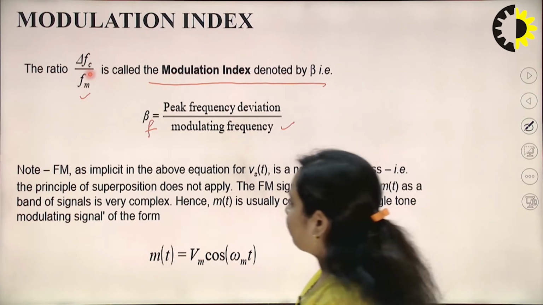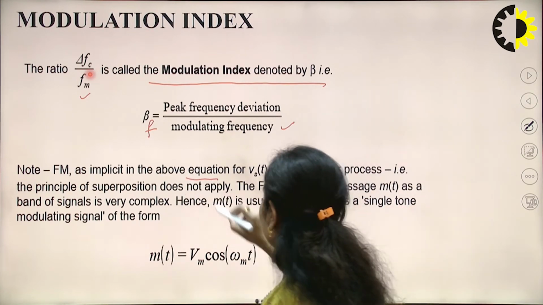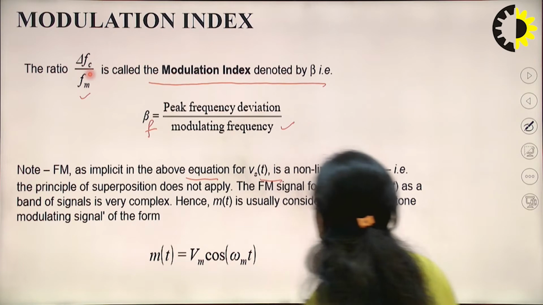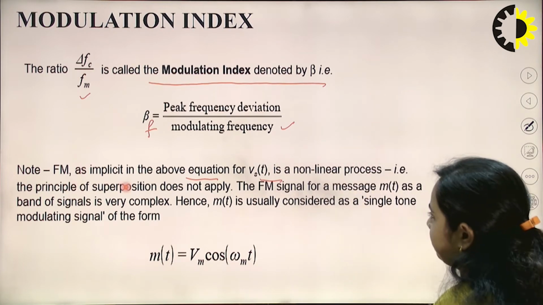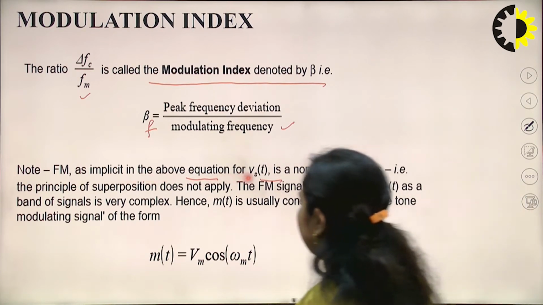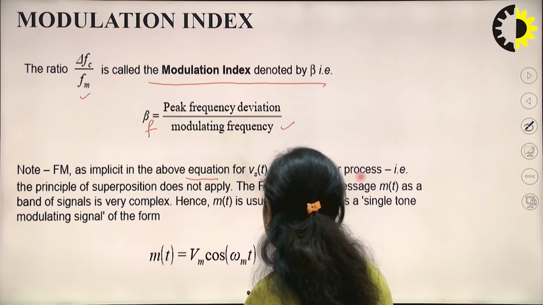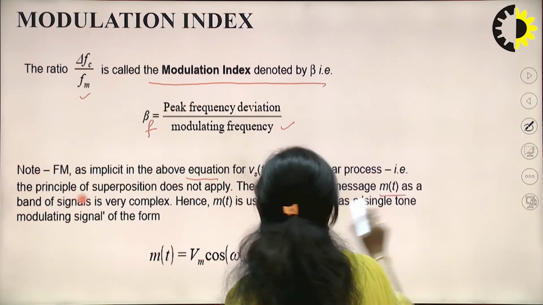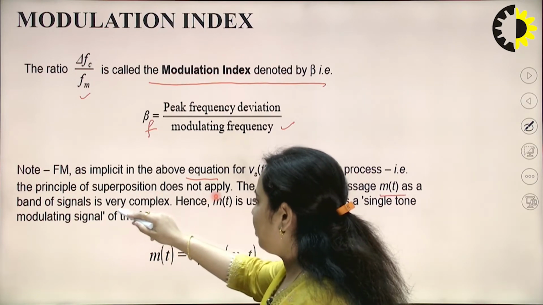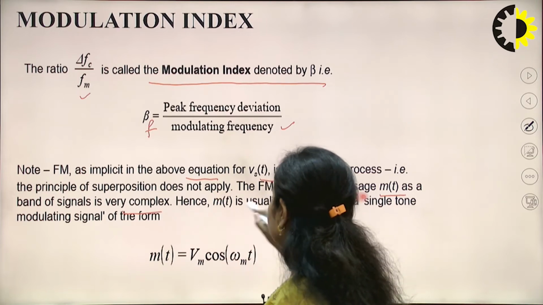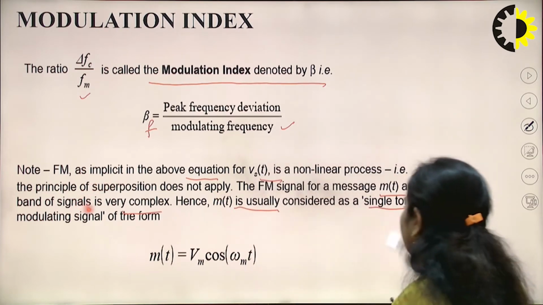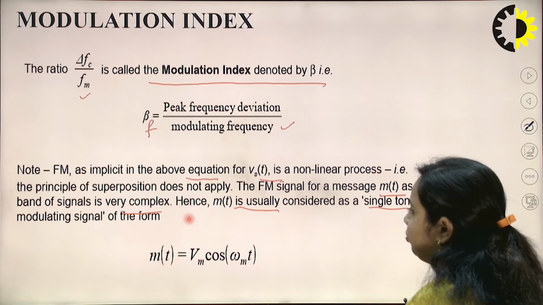Note that fm as implicit in the above equation for Vs(t) is a nonlinear process, that is, the principle of superposition does not apply. So the FM signal for a message signal m(t) as a band of signals is very complex, hence m(t) is usually considered as a single tone modulating signal.